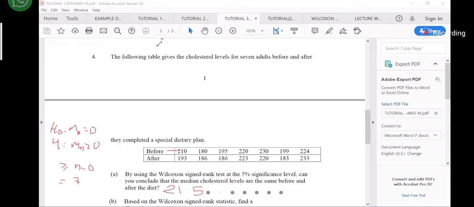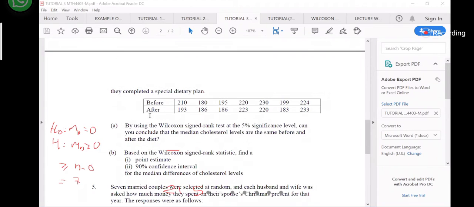How about the point estimate? Based on the Wilcoxon signed rank test statistic, find a point estimate for the median of the difference. It should be 4.5.